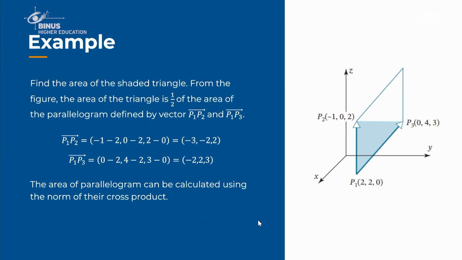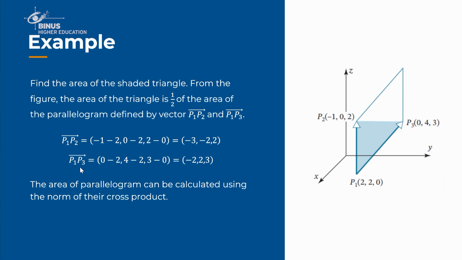For example, if we want to find the area of the shaded triangle here, the area of the triangle is 1/2 of the area of the parallelogram defined by the vectors P1P2 and P1P3. P1P2 we can calculate as (-1 - 2, 0 - 2, 2 - 0), so the vector P1P2 is (-3, -2, 2).